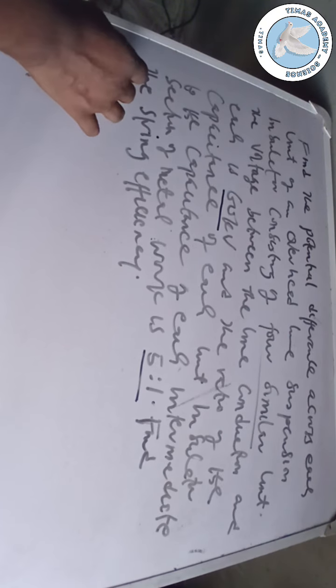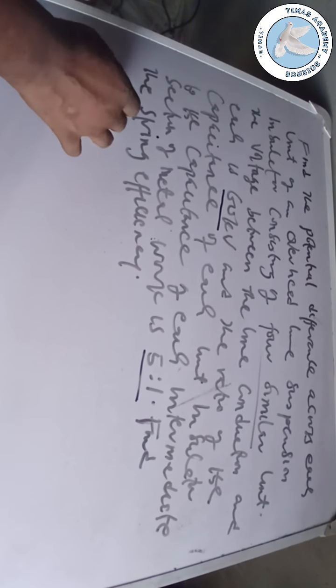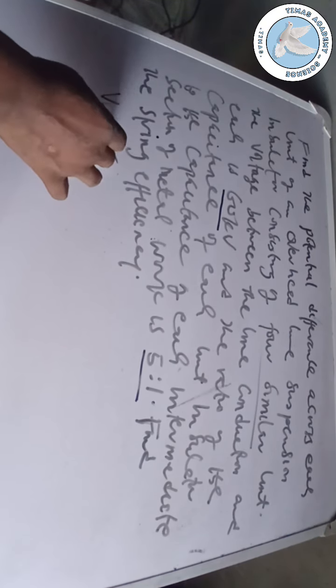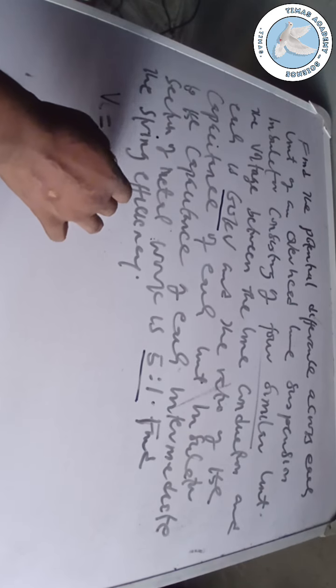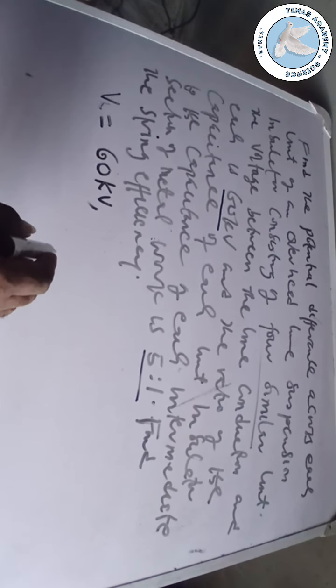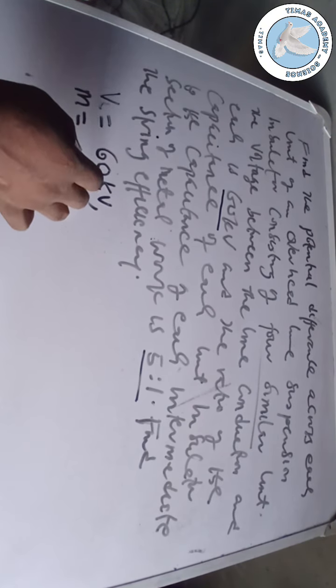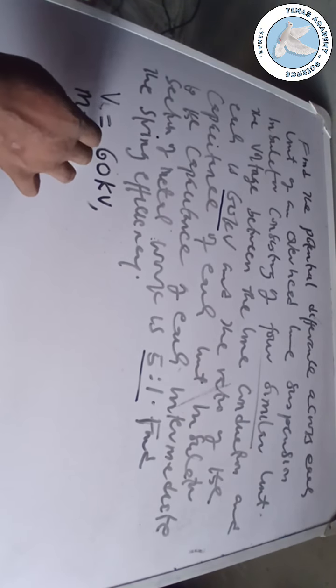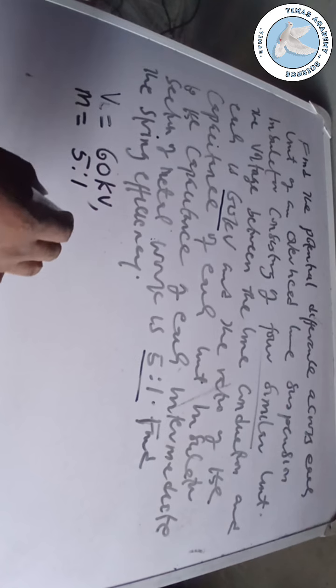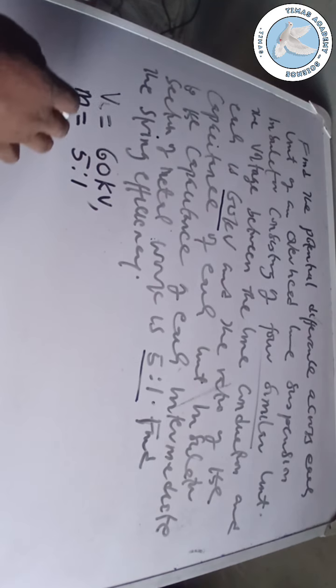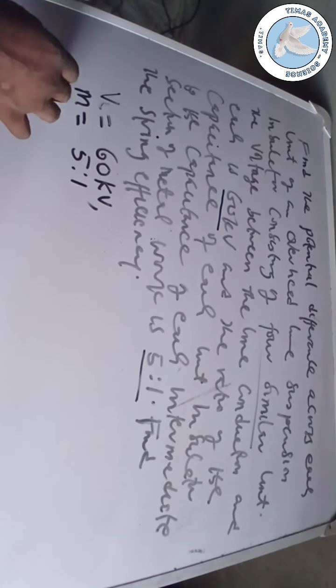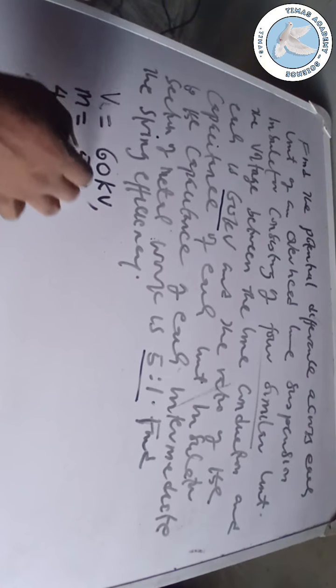Before we quote the formula, let's look at what we are given. The voltage is 60 kilovolt, and the ratio, let's use n, is 5:1, and 4 units are given.